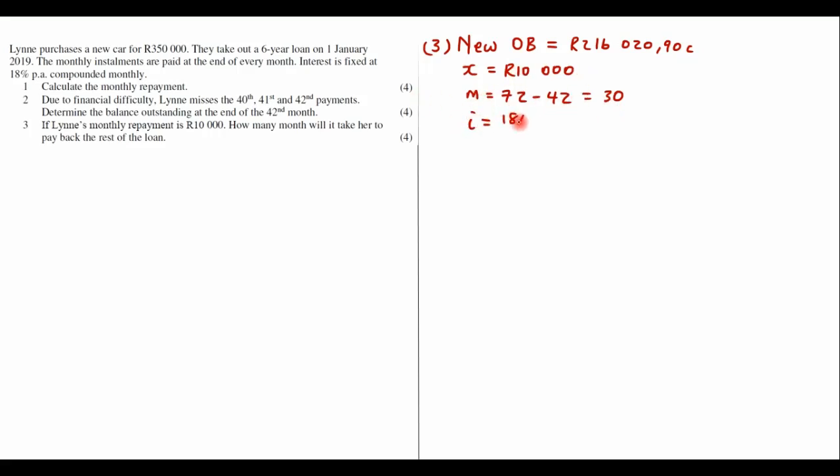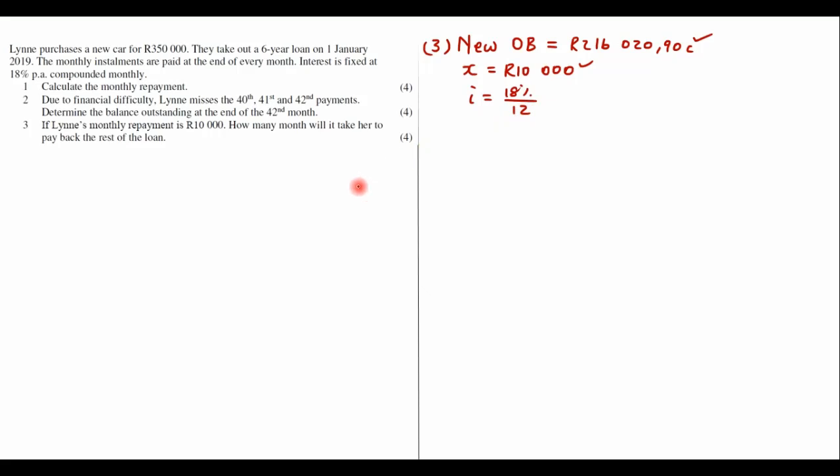I is still 18% over 12. So now let's go ahead and look into, oh no, sorry, my bad. Remember here we have the new balance, and we have how much Lynn is willing to pay, and we also know the interest, which is I, which is 18% over 12.